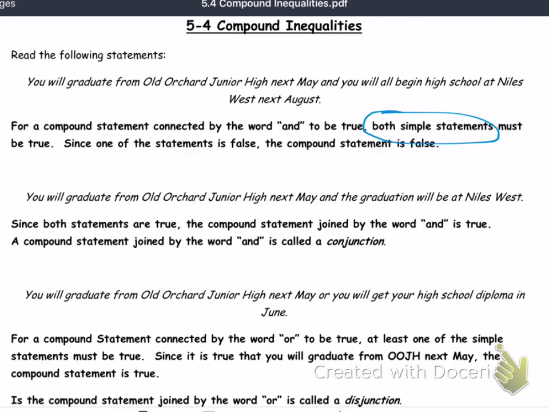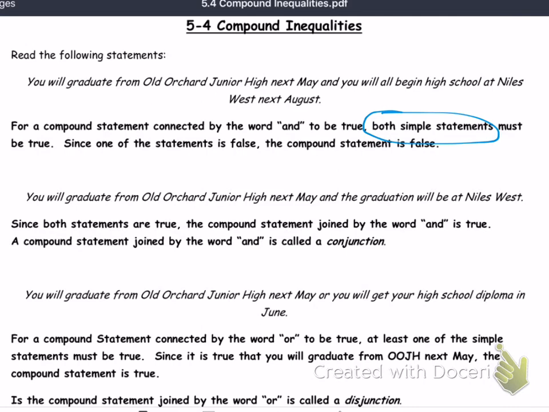However, one of them is false. Even though you may be graduating in May, you are not starting high school at Niles West because you're starting high school at Niles North. That makes the entire sentence false, even though part of it was true.